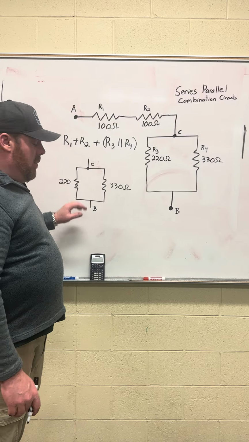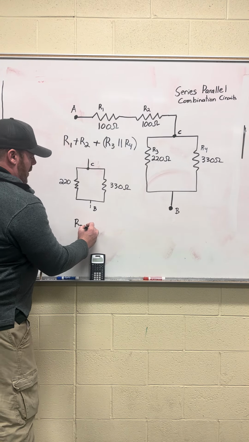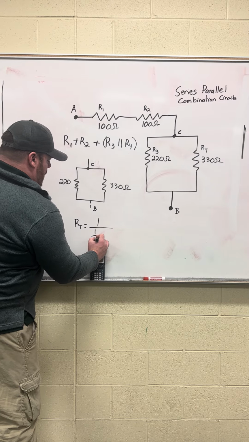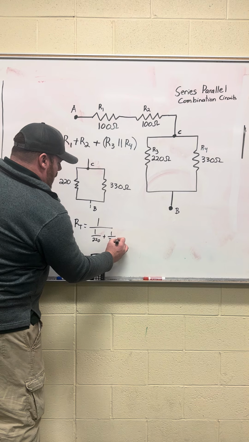So this becomes a simple equation. The total resistance in parallel is 1 over the sum of the reciprocals of the two values, so 1 over 220 plus 1 over 330.